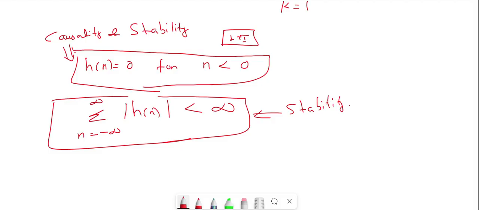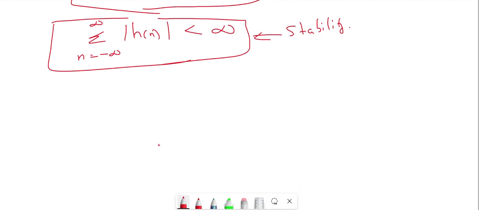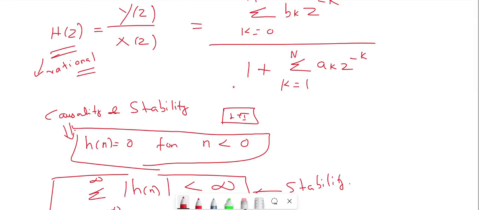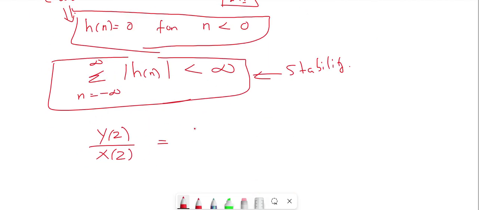For the inverse Z transform we will take some examples. Normally, you know that y of z by x of z is h of z, the system function. So I will take some examples for the inverse Z transform.